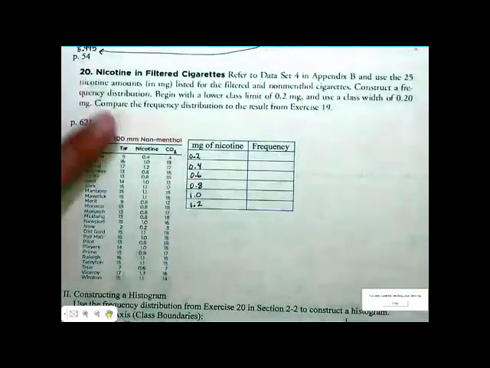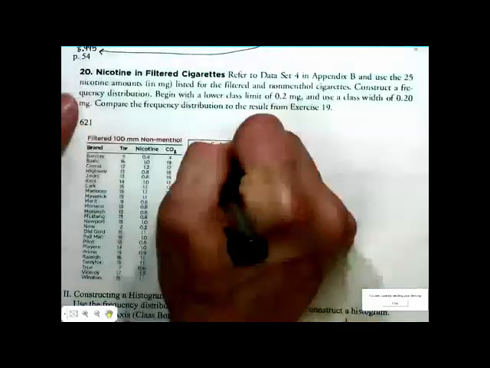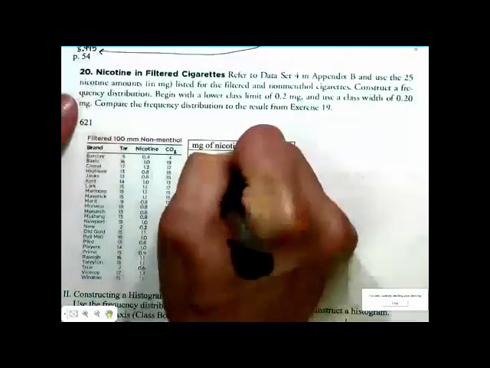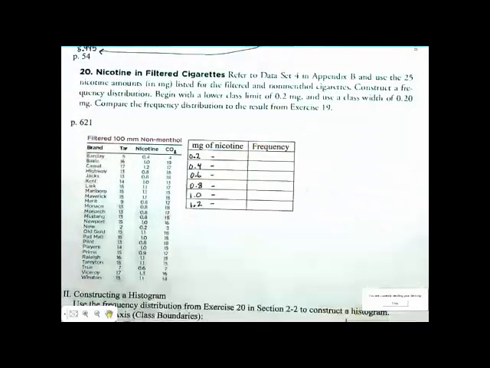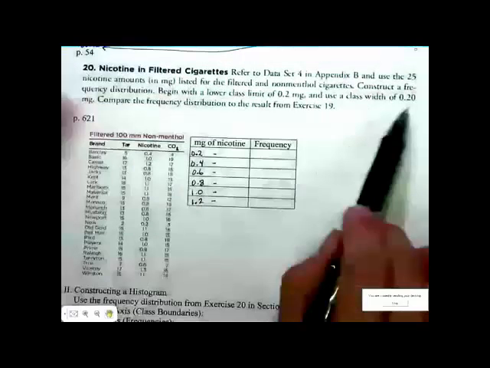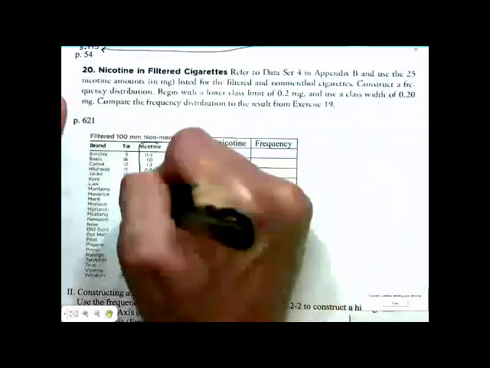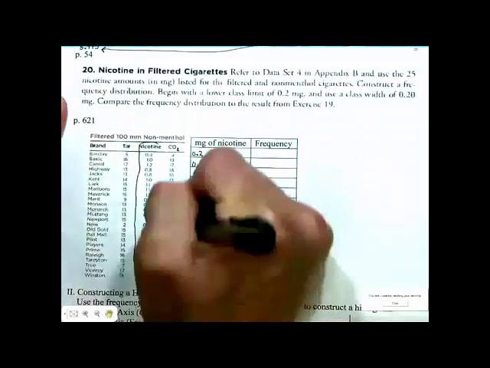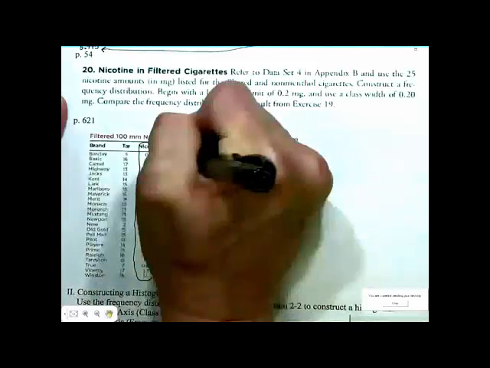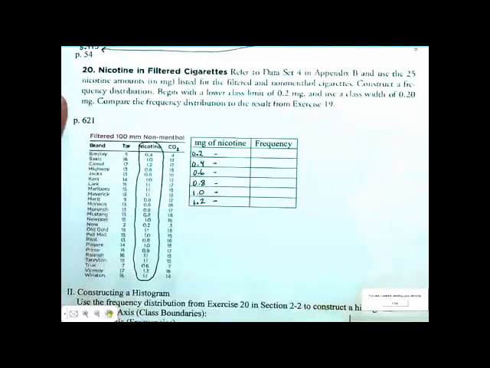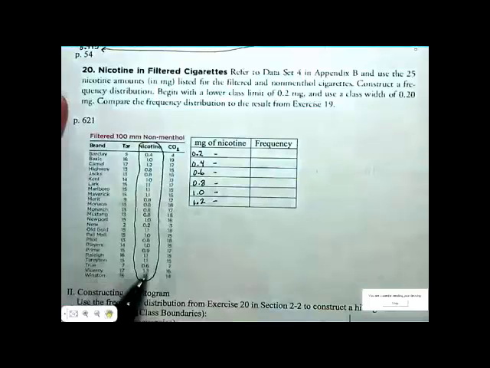Now for the upper limits, notice, let's see, what is it we're going to make? We're going to make our frequency just using this nicotine column. Well, let's think about it a second. All of these amounts of nicotine are listed to the nearest 10th.